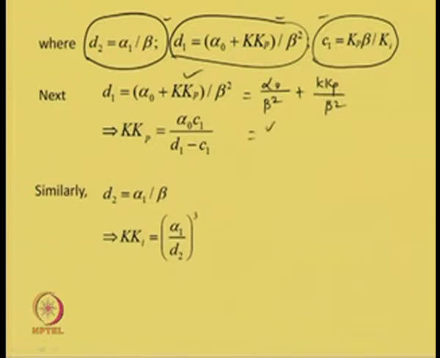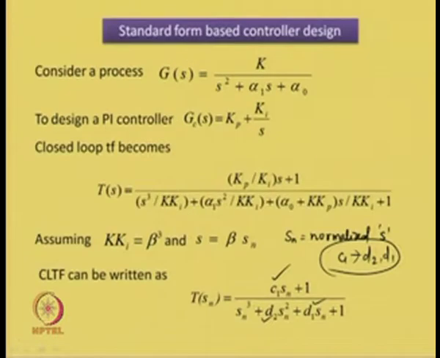Again, this can be written as alpha 0 upon beta cubed times beta in the numerator, plus k Kp beta upon beta cubed. Now, beta cubed we know is equal to k Ki.